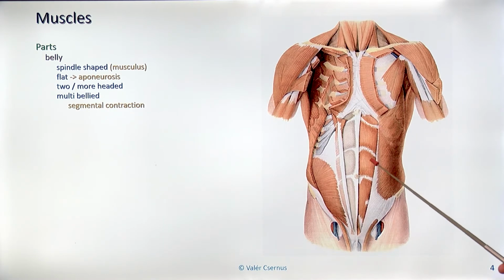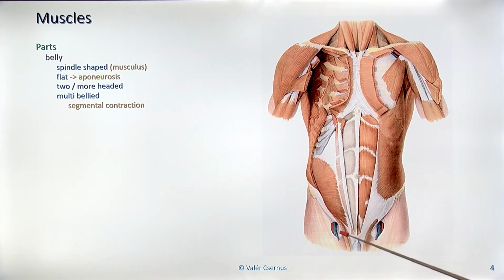This allows a segmental contraction. As you know, a muscle fiber is a single fiber from tendon to other tendon. It's not interrupted. A muscle fiber can contract either entirely or not at all. Consequently, it is not possible to contract one part of the muscle or another part of the muscle.